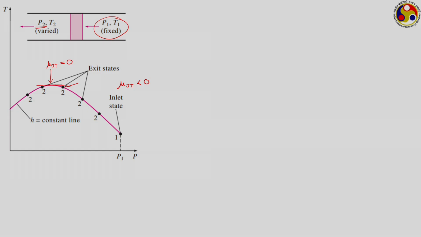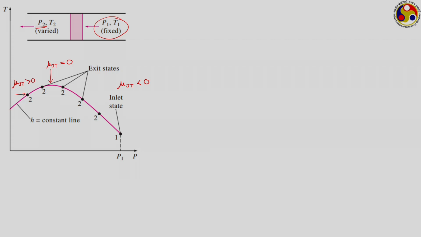If the pressure is reduced further, so that we reach this particular point, then you can see there is now a reduction in temperature, because the Joule-Thomson coefficient has become positive. If we reach somewhere further here, there is a further reduction in temperature, and therefore on this particular side the Joule-Thomson coefficient is positive, that is, with reduction in pressure, temperature also reduces.